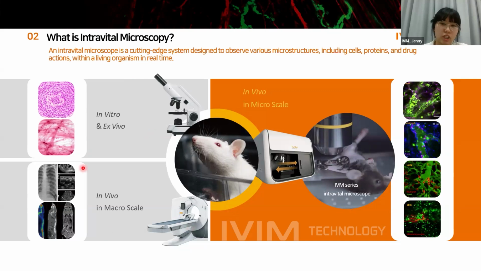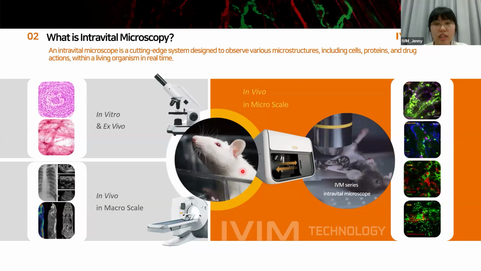While modalities such as PET or MRI do offer in vivo imaging capabilities, they primarily provide insights at the organ or tissue level and lack the spatial resolution required to observe individual cells in action.